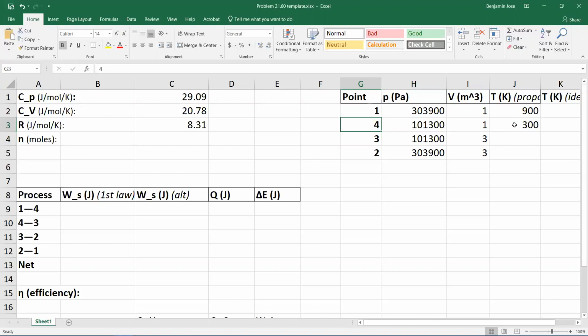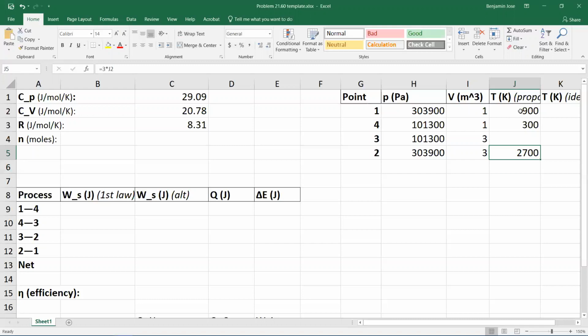You know what, why don't I go from top left to top right? That's how I walked you through it in the diagram. Remember, if we're at 900 kelvins, but we triple the volume while maintaining the pressure, we would also have to triple the temperature. So this is going to be 3 times the temperature at top left.